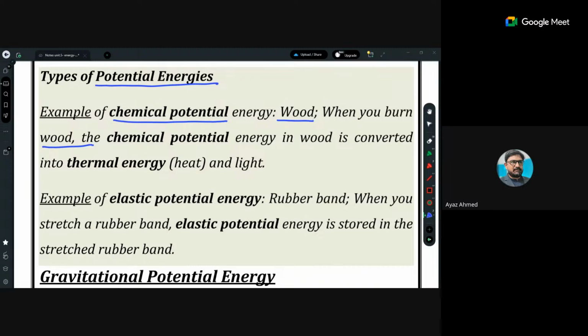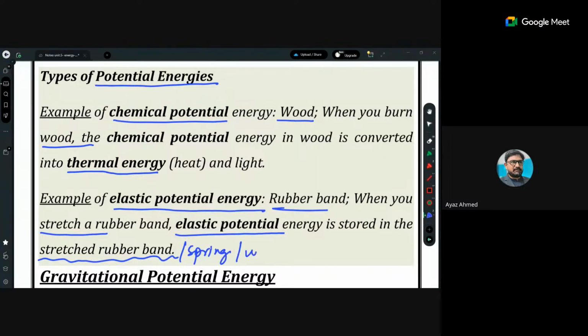So chemical potential energy is converted into thermal energy when we burn the wood. Then the elastic potential energy is stored in rubber bands and all those things which are stressed or deformed, right? And elastic potential energy is stored in a stretched rubber band, spring, wires, etc.